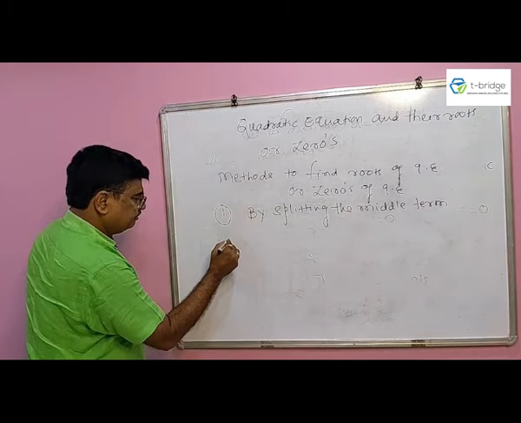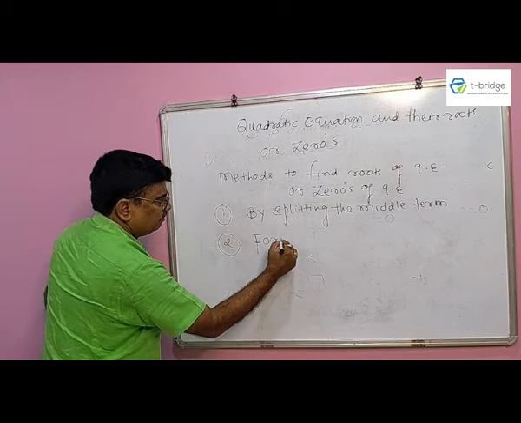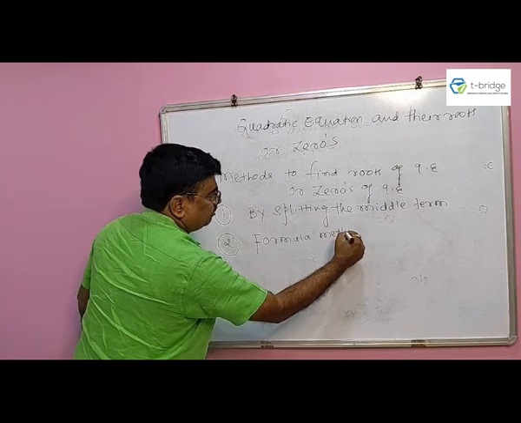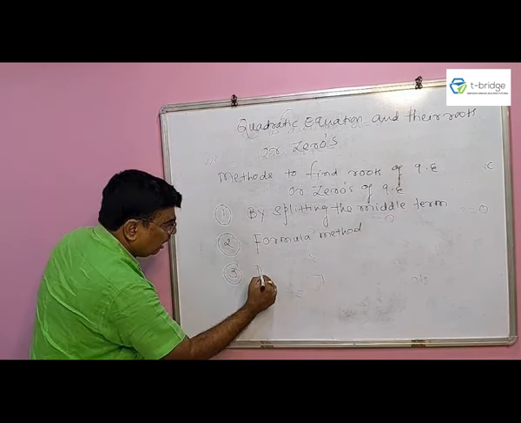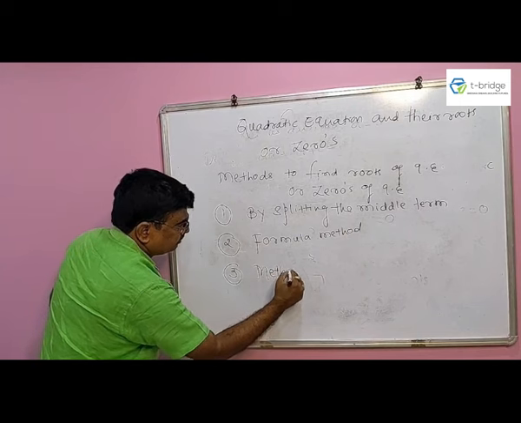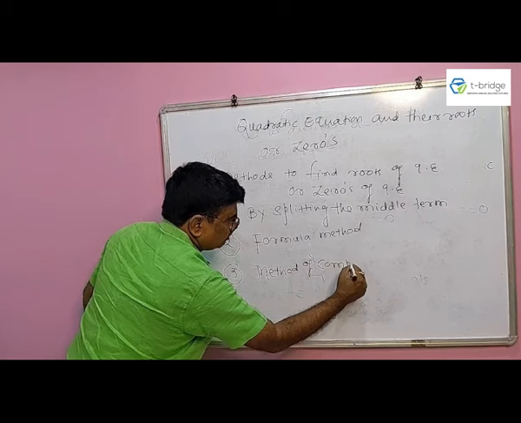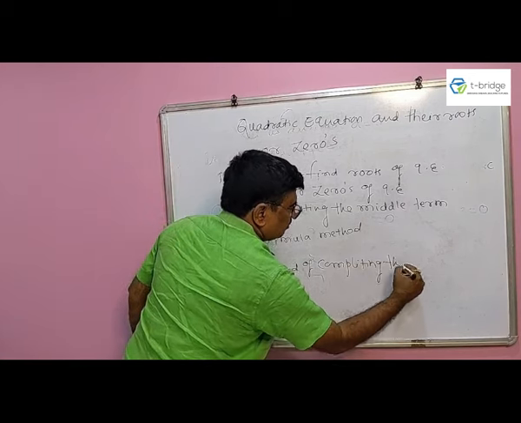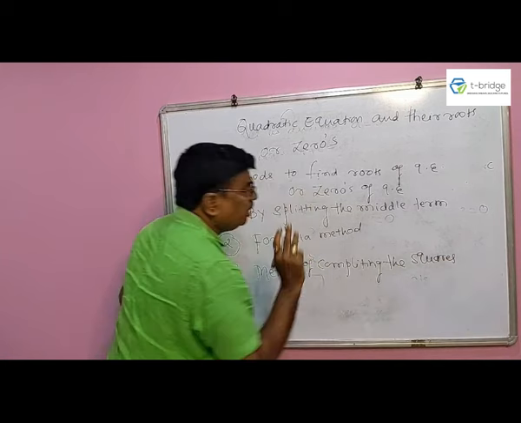Second one, formula method. Third one, method of completing the squares. There are three methods.